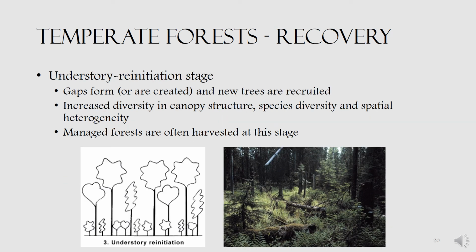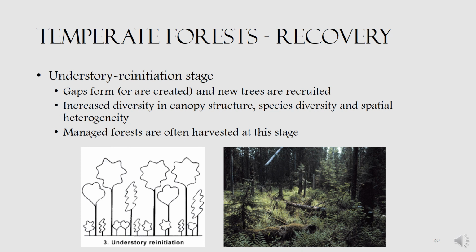Now, the third of four stages is called the understory reinitiation stage. Just as its name sounds, we're looking at changes to the understory at this point. So the existing trees that have grown on site, they have grown through that initiation stage and the stem exclusion stage. Now they're big, established trees, and some of them start to die, and some of them start to fall down.